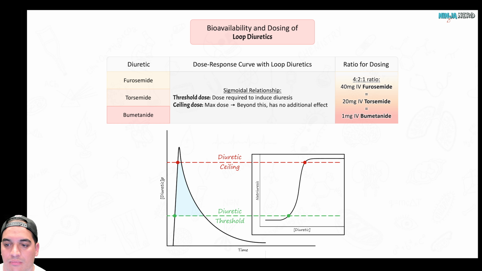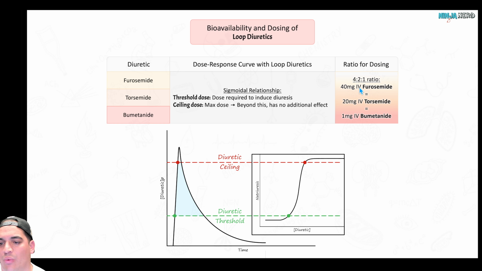All right. The other thing to remember here, just as a little add-on and a note, is that when you talk about IV and PO dosing, you need double the dose for PO to have the same effect as an IV dose.